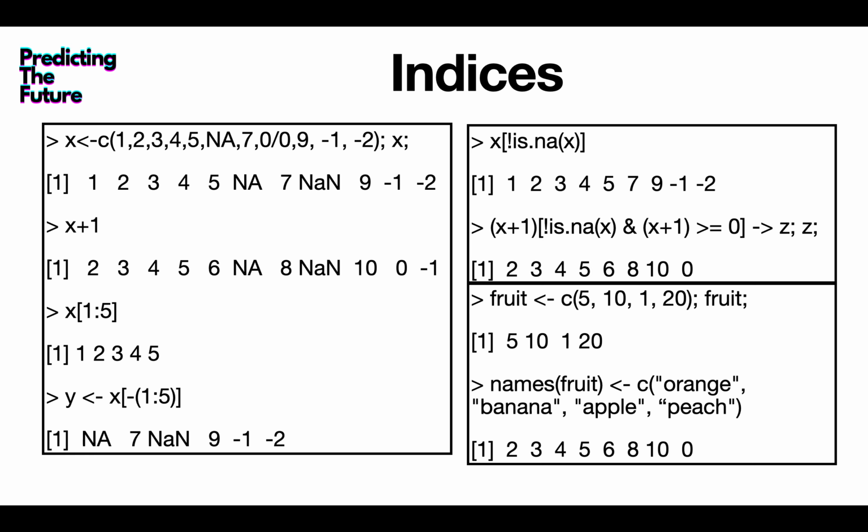And then each element plus 1, and only if the element is greater than or equal to 0, then we take that value. So that's another example of creating a sub vector from a vector x.